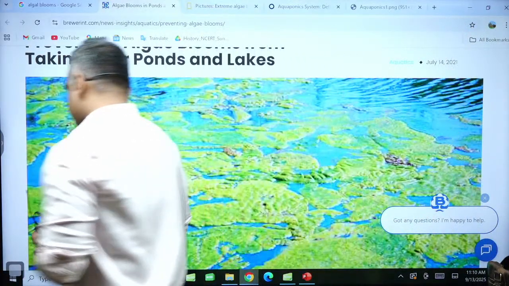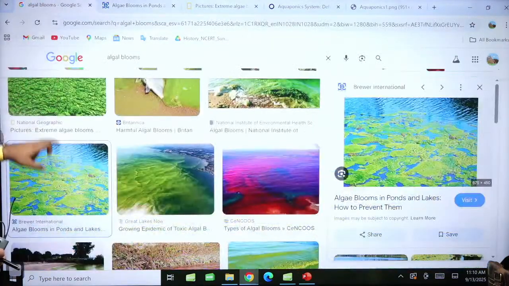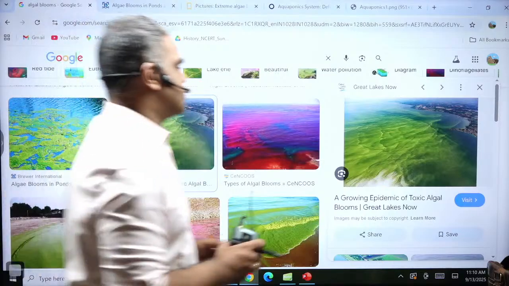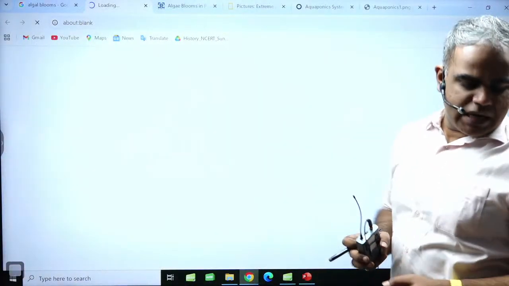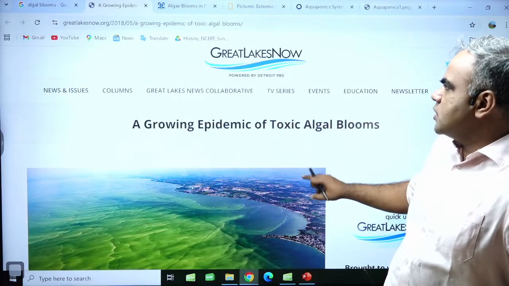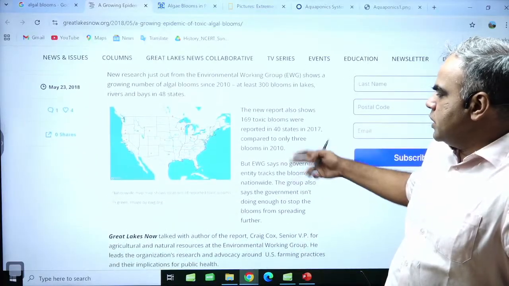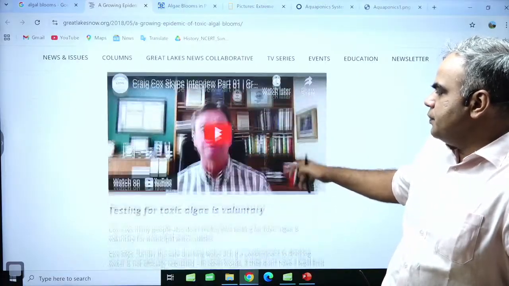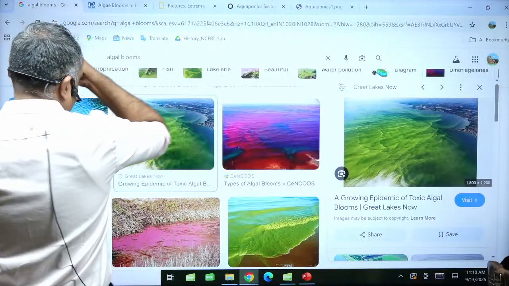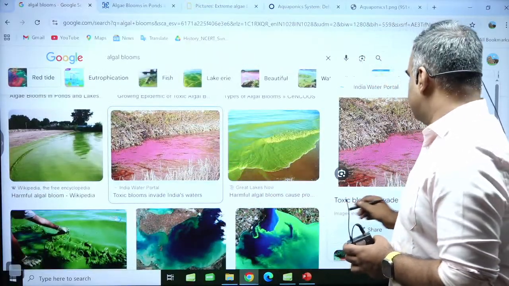How is that? How will oxygen reduce? And as I go, you'll see different types of toxic blooms, changing the colors of the lakes also. Growing epidemic of toxic algal blooms. Okay, the USA also has a lot of issues in the Great Lakes. Okay, we will see this also. I said, for example, toxic bloom invades Indian waters.